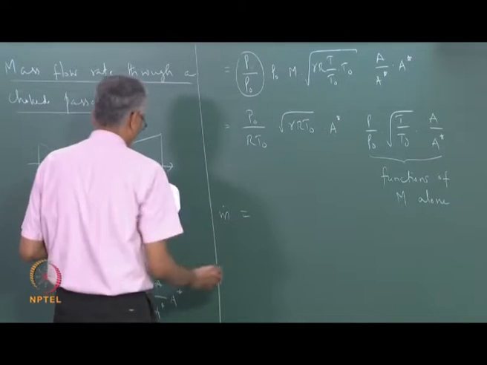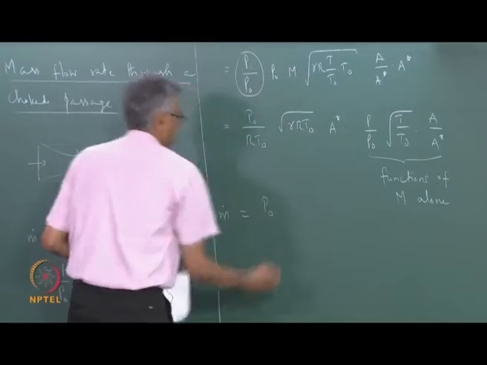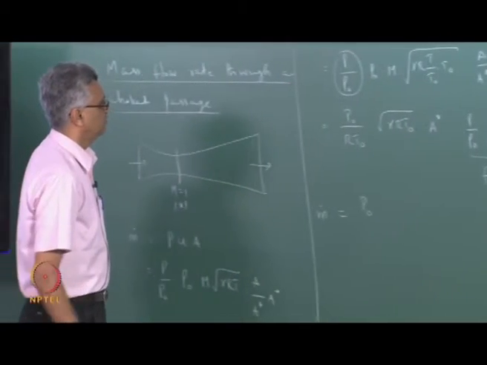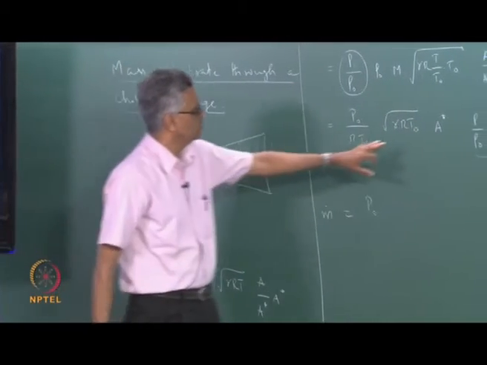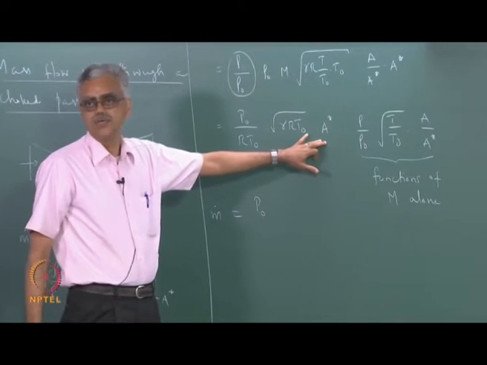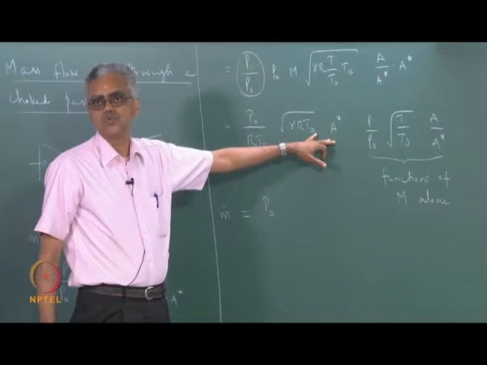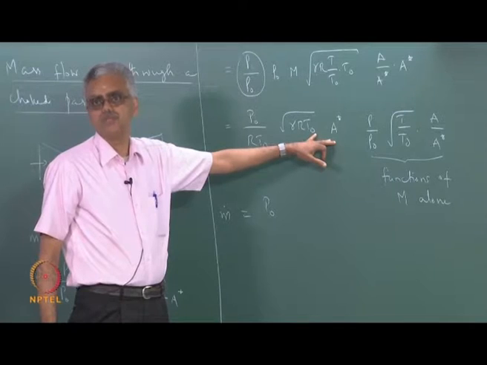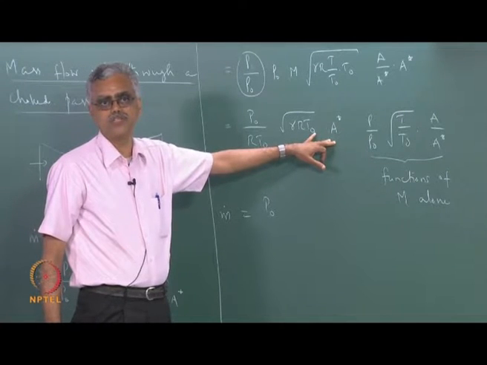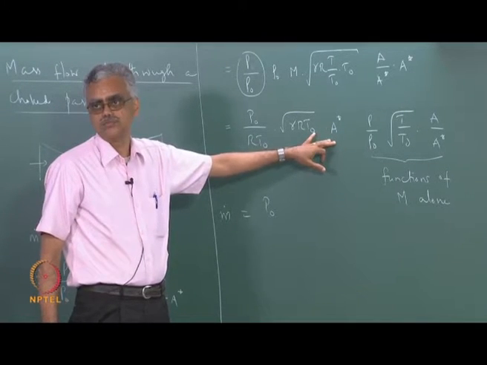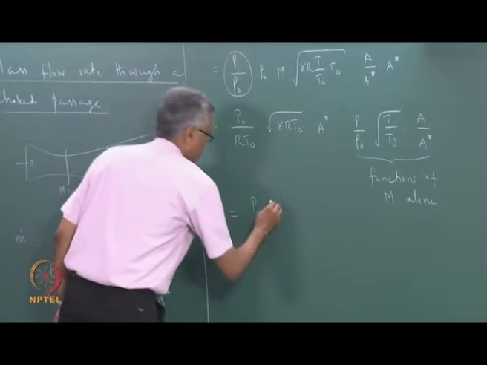So, m dot is equal to P0. Remember, we said using our area velocity relationship that if the flow chokes, it must do so at a point of minimum cross sectional area. So, I can replace this A star with A throat.